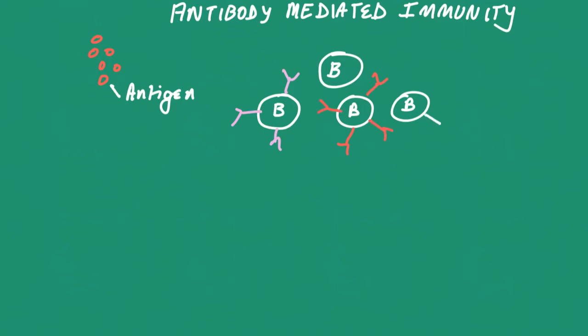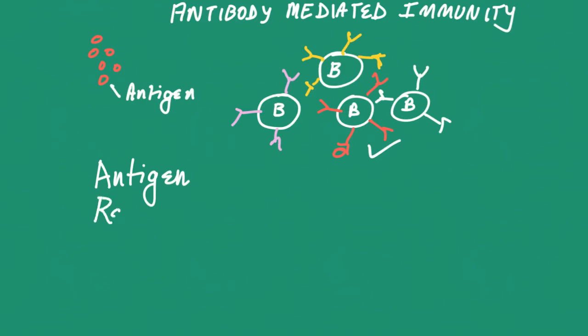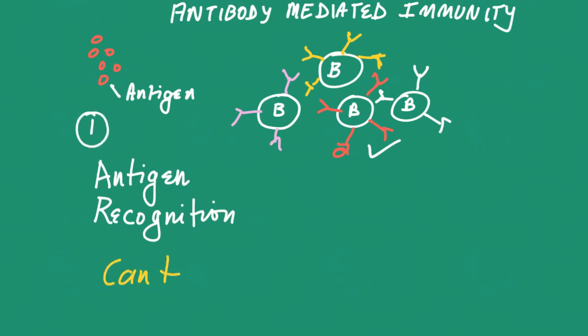So to find the correct match between the antibody and the antigen can take many days. So let's imagine that we pick the red antibody as the chosen B cell and the antibody that correctly matches the antigen. This stage of antibody-mediated immunity is called antigen recognition, and it can take several days.